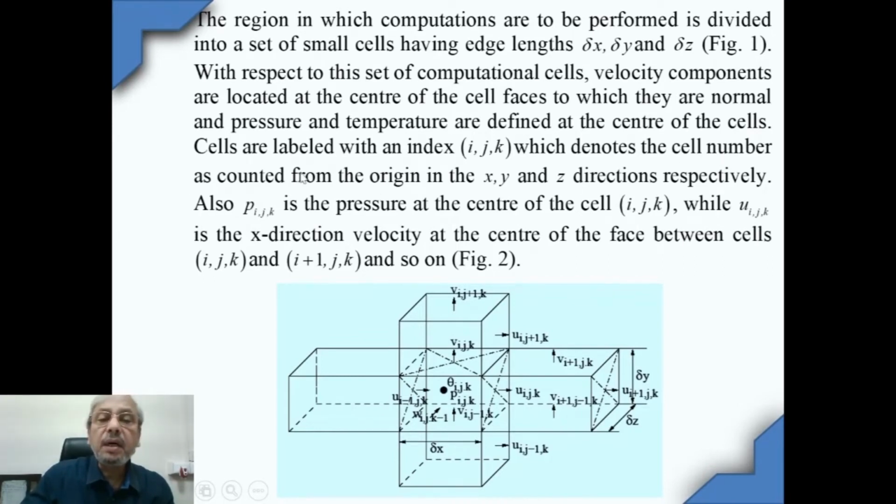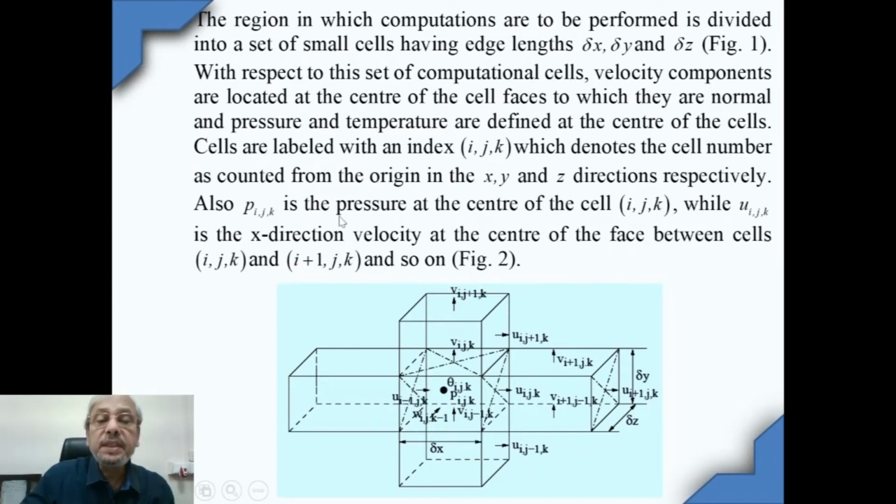Basically, cells are labeled with an index IJK, which denotes the cell number as counted from the origin in the X, Y, and Z directions respectively.